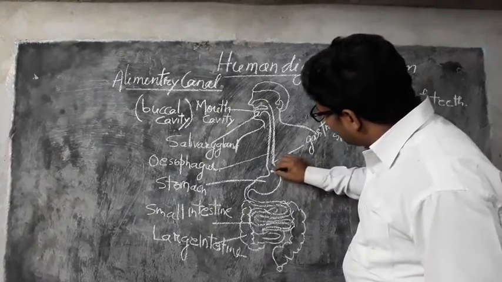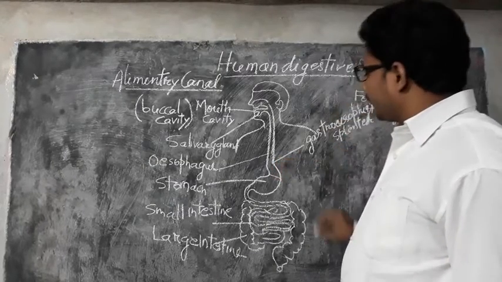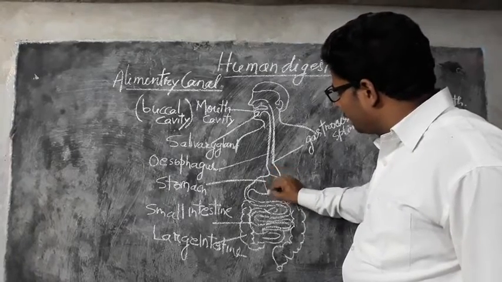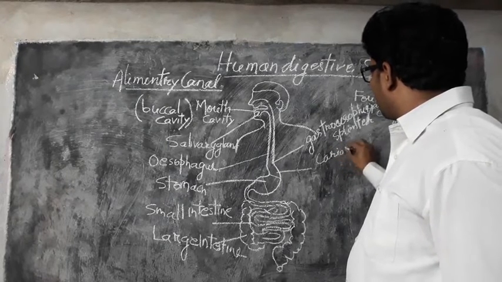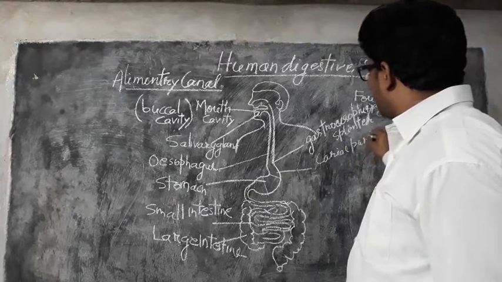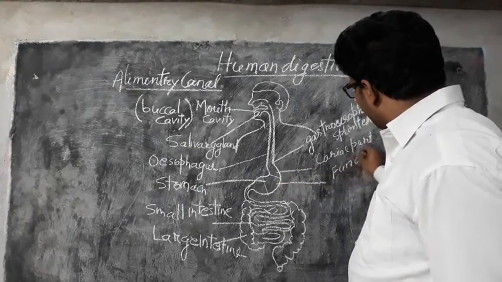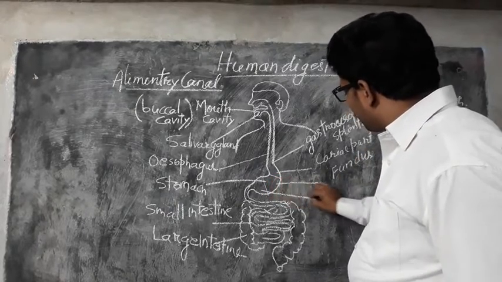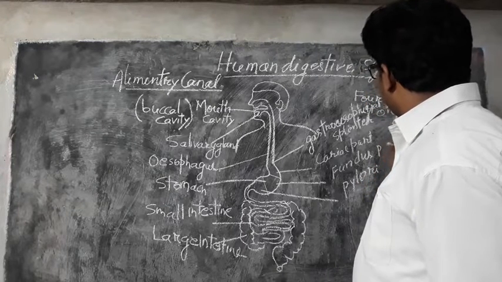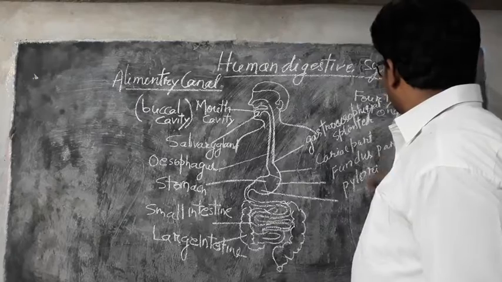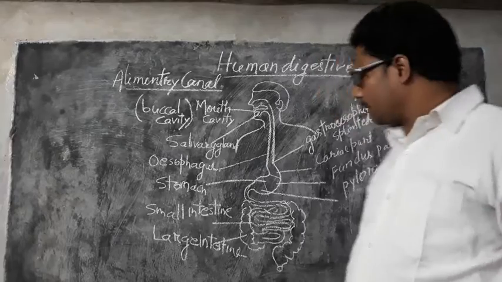Thereafter, the upper part is called the cardiac part, and the middle is called the fundus part, and the lower part is called the pyloric part. These three parts a stomach has: cardiac part, fundus part, and pyloric part.